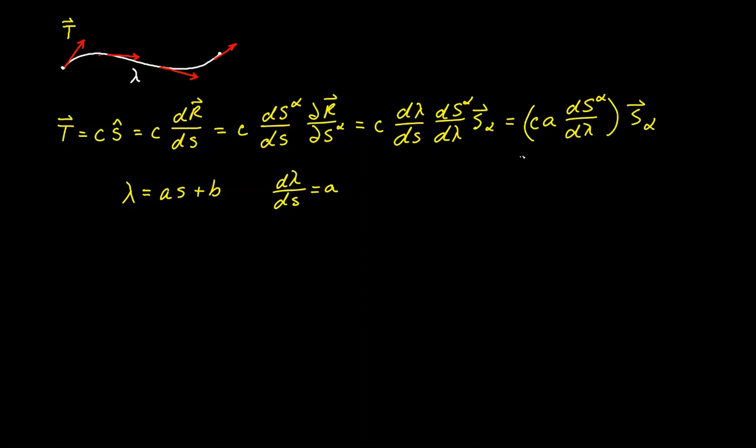Well, expressed in this form, it's very easy to see that this factor right here is our vector component, T alpha. So what we're going to do now is to substitute this expression into our expression for the parallel transport. So we'll bring up the expression for the parallel transport and simply substitute this in place of T alpha.